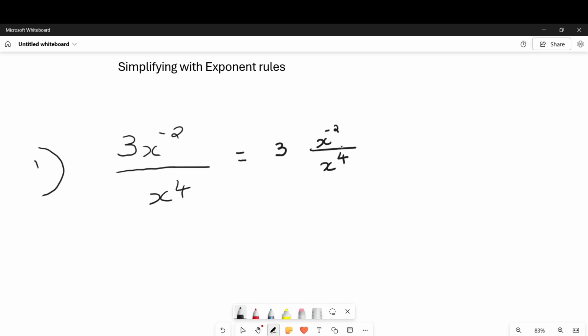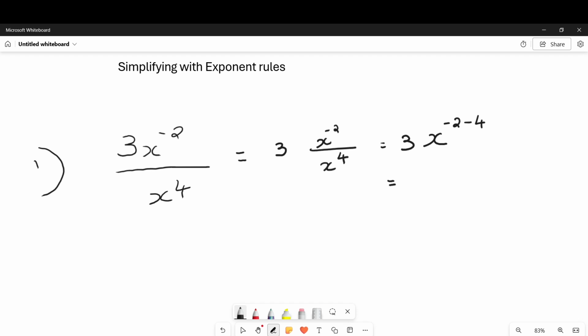First, we can apply the quotient rule here. With the same base, we need to subtract the exponents: minus 2 minus 4.